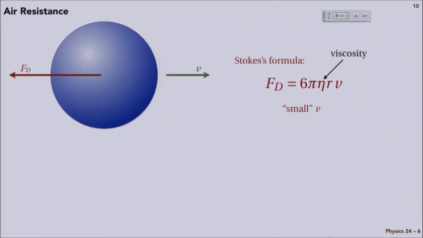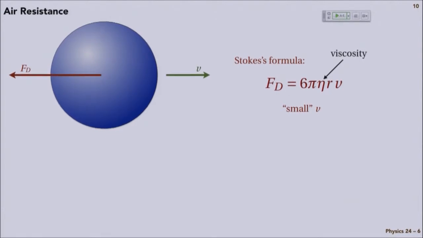And so you can think about this force as the fluid has to flow over the sphere, different layers of fluid have to slide with respect to one another. And that sliding entails a bit of friction.